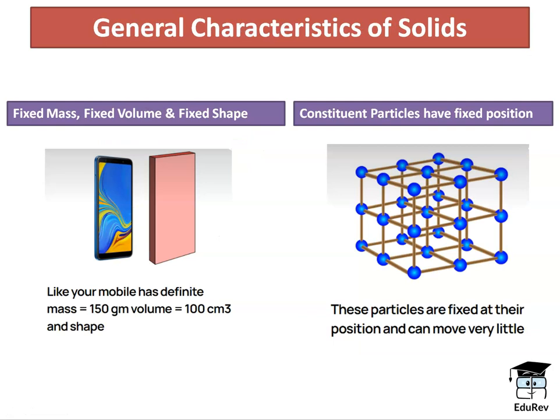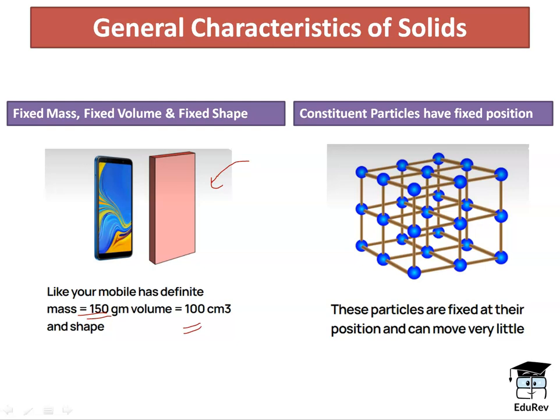Here are the general characteristics of solids. Solids are having fixed mass, fixed volume and fixed shape. For example, let's take the example of your mobile phone. Your mobile is having a shape which is of rectangular or almost rectangular in shape. And let's assume that it is having a mass of 150 gram and a volume of 100 centimeter cube.